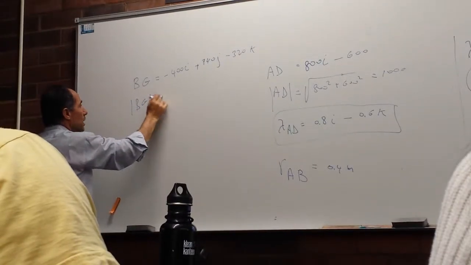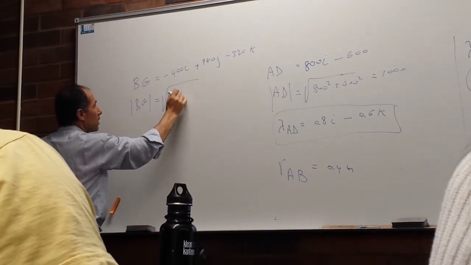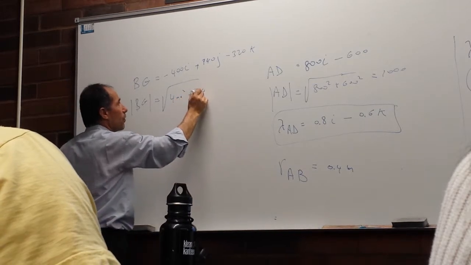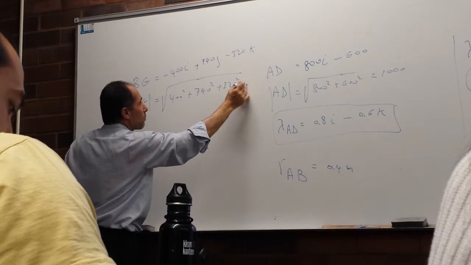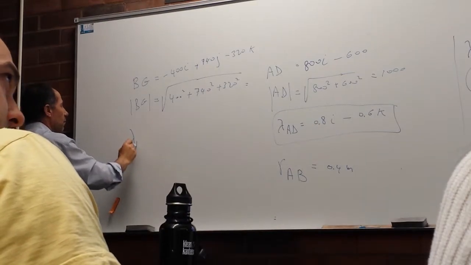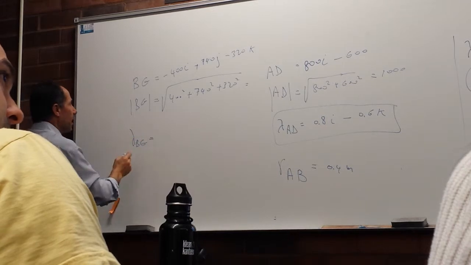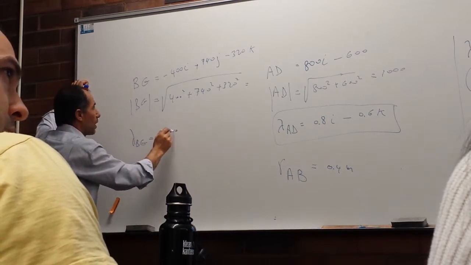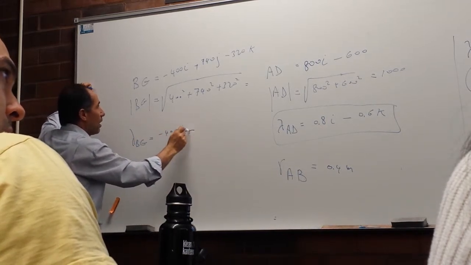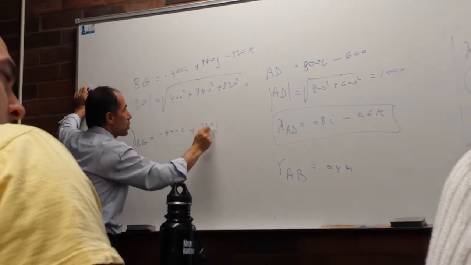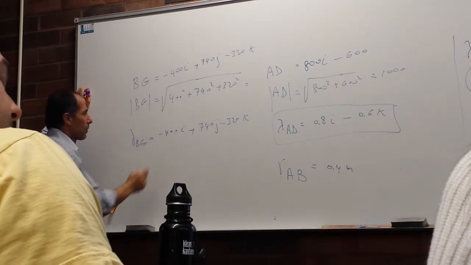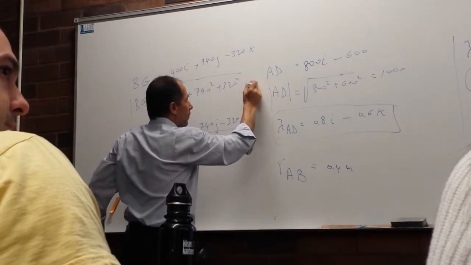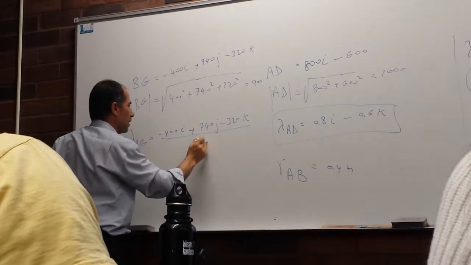as a magnitude is the square root of 400 square, 740 square, 320 square. Give me a number, please. Then lambda BG equals negative 400 I, positive 740 J, negative 320 K. Any number in here, please? 900. 900, yep, over 900.